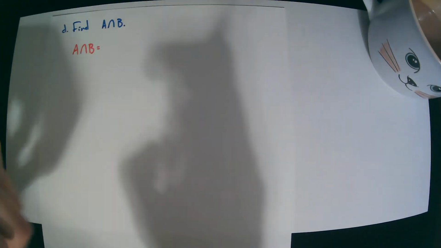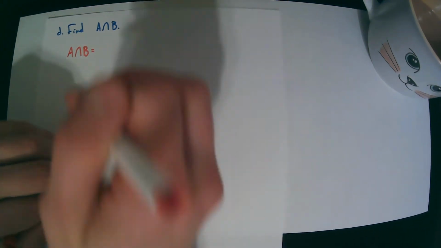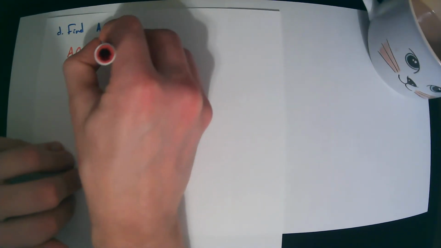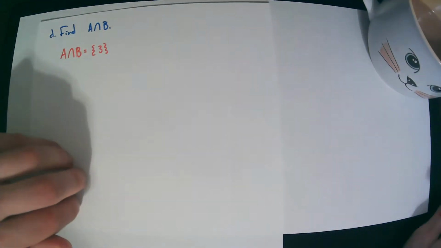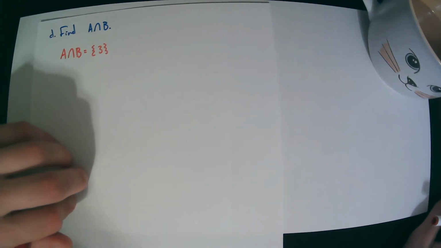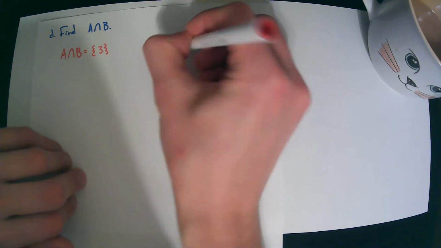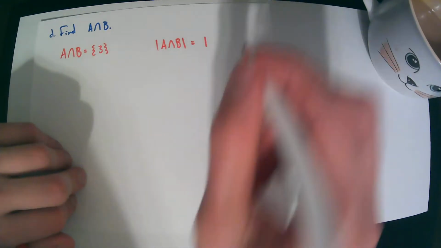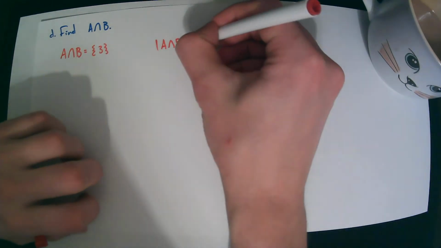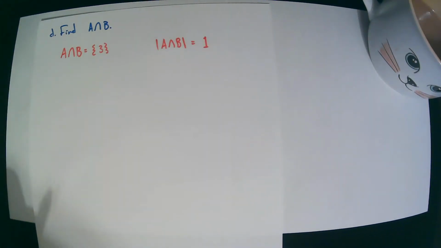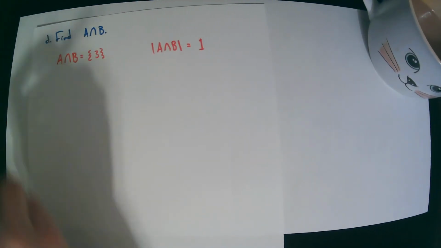So take away the things that they don't share. What is that one element that they share? It's a 3. That's the only element they share. So what is the cardinal number of A intersect B? 1, because there's only one element in this set.